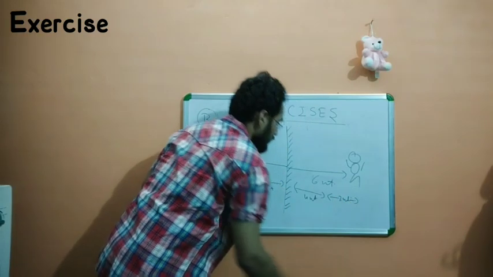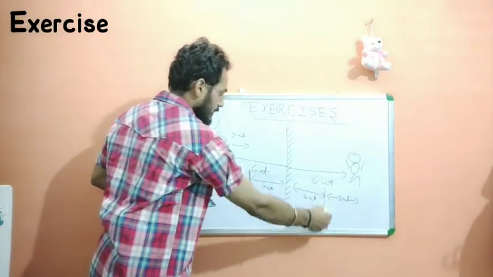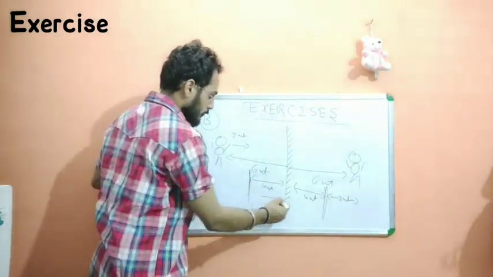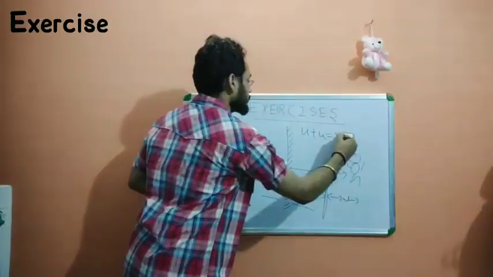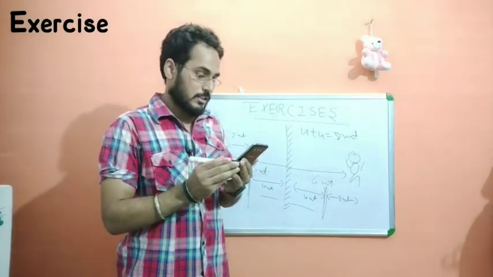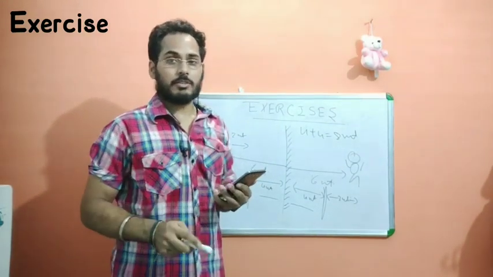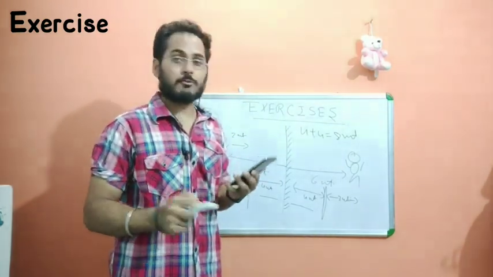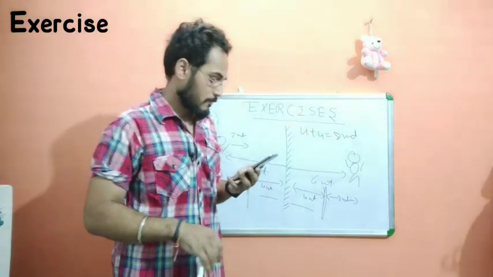Now the distance between the object and the image will be 4 plus 4, that means 8 meters in total, because the question is asking the distance between the image and the object. So we have to add them across the mirror. 4 plus 4 becomes 8.